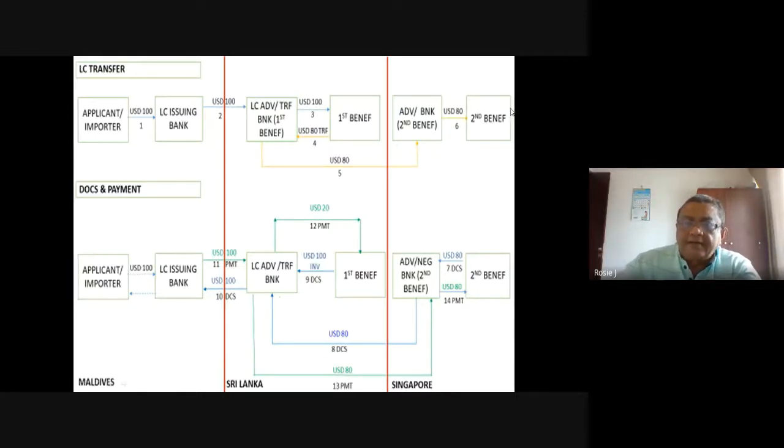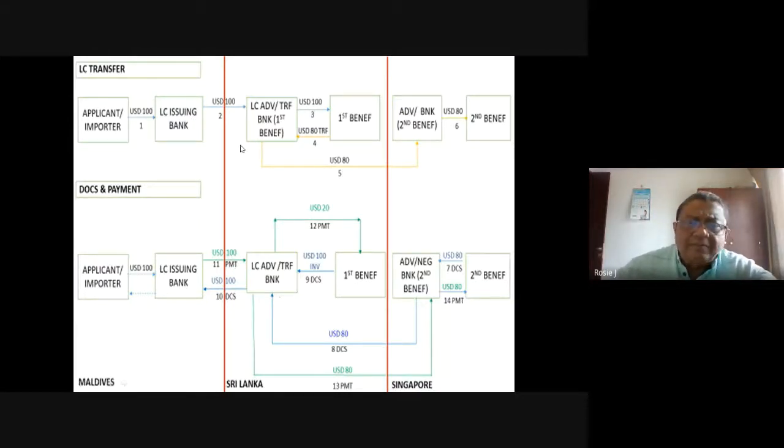So the second beneficiary, Tang, cannot claim anything from People's Bank, because People's Bank was not the issuing bank, they were only the transferring bank. The issuing bank was Bank of Ceylon Maldives, and therefore whatever payment performance the second beneficiary Tang has is basically on the LC of the Bank of Ceylon, right?